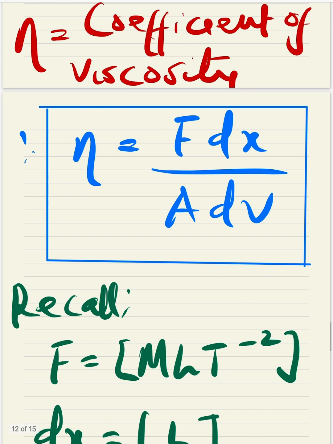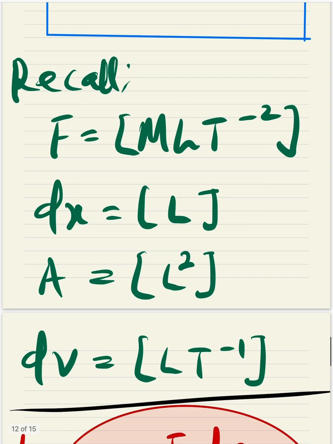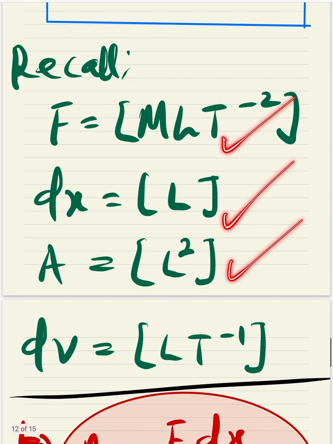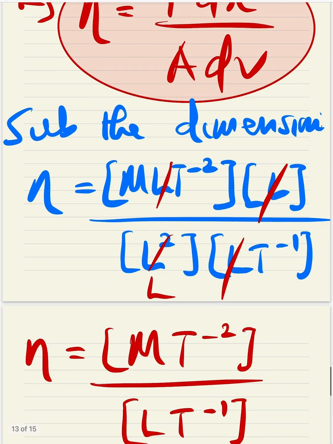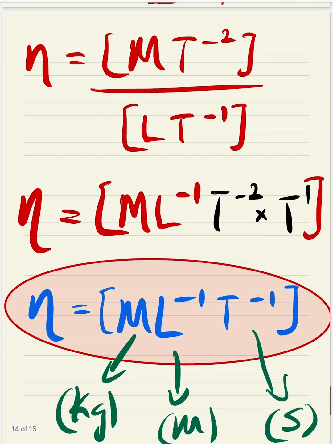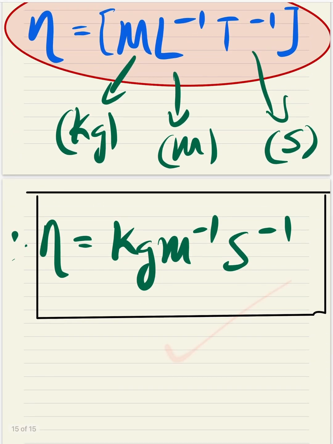Then you make eta that you are looking for the subject of the formula. All of these ones, you don't even have to write them out like this, right? I don't expect you to start writing it out. You should know this. Just substitute everything directly into this. Then compress together, and you are going to have the dimension. The dimension is the first thing to have. Then from the dimension, you are going to have the units, right?